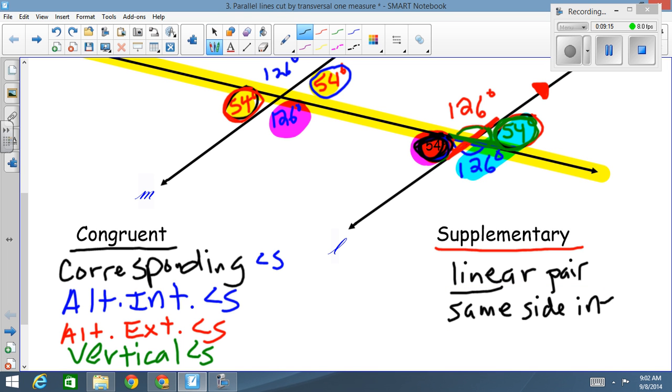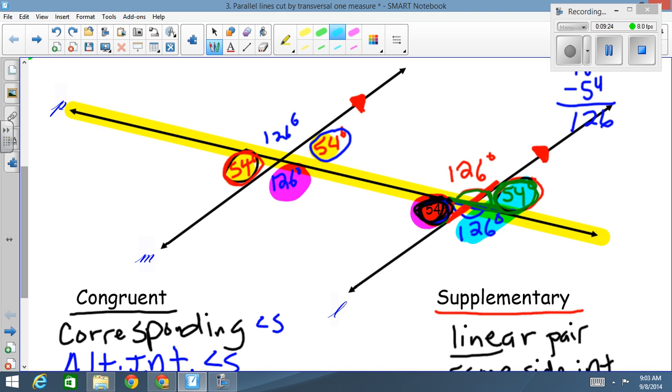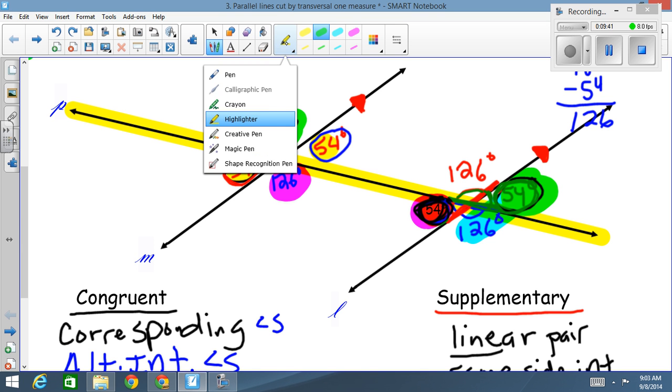Okay? And then lastly, if you look at something like this angle here and this angle, the 54, those are supplementary because those add to 180. They're both on the exterior, and they're both on the same side of the transversal.